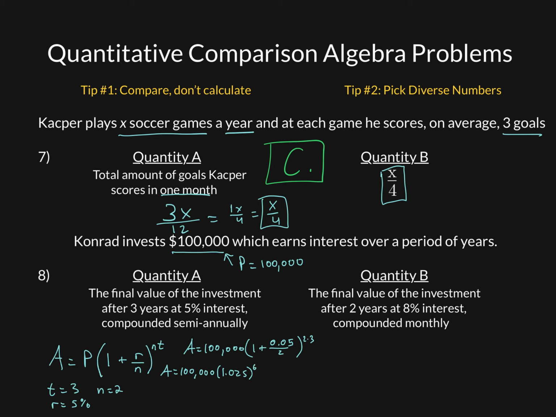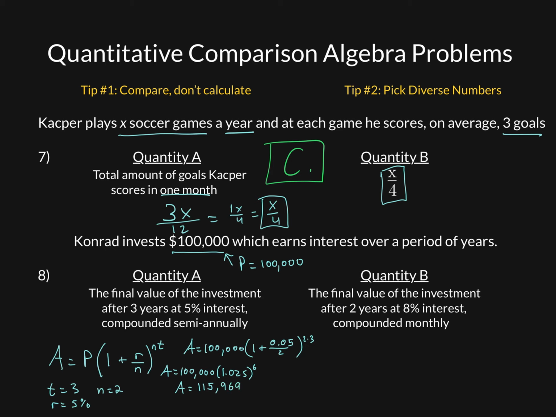So now we take 1.025, put that to the 6th power, and that's going to give us approximately 1.159. Multiply that number by 100,000. The rest here, I'm just setting up the math and doing the rest in the calculator. I should have A be approximately $115,969.